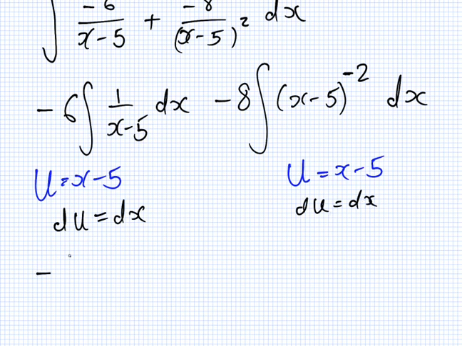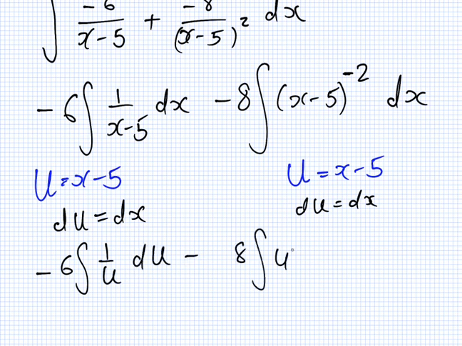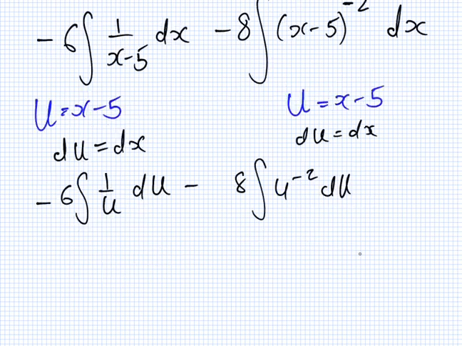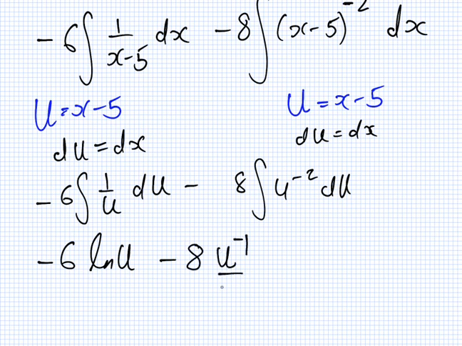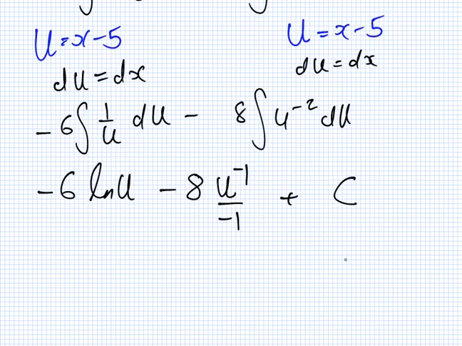So I have minus 6, 1 over u du minus 8 u to the minus 2 du. So this will be minus 6 log u minus 8 u to the minus 1 over minus 1 plus c. Like this.